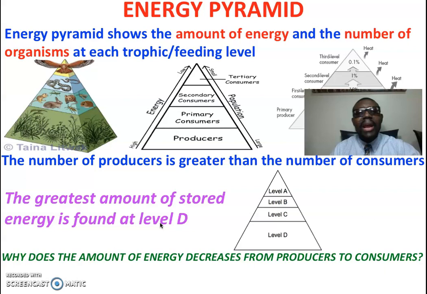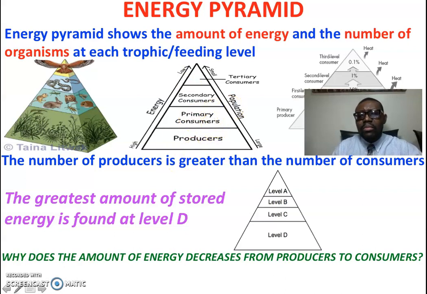Energy pyramid. An energy pyramid shows the amount of energy and the number of organisms at each trophic level. Here we see producers at the bottom, and we see the next levels of consumers.